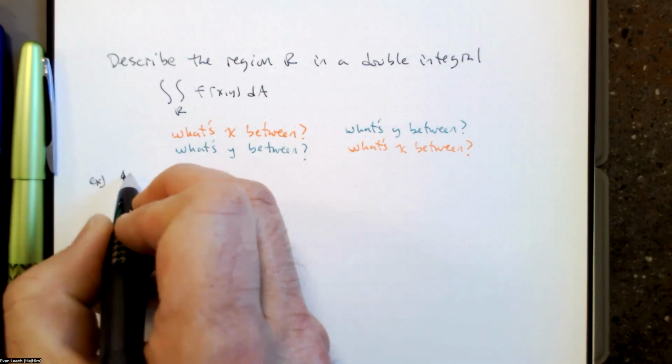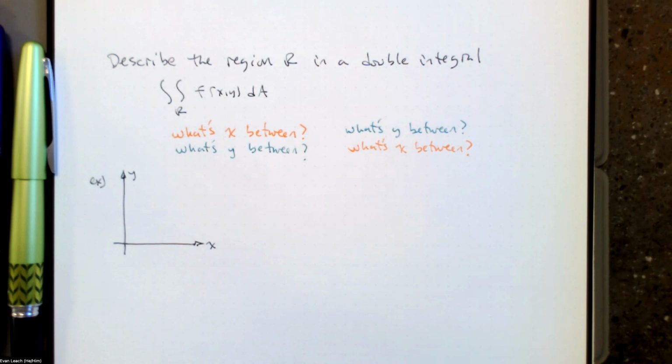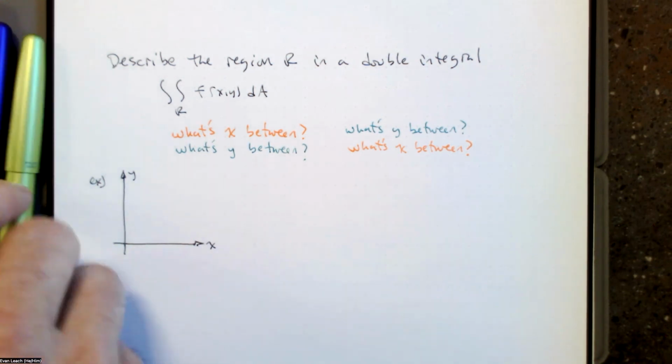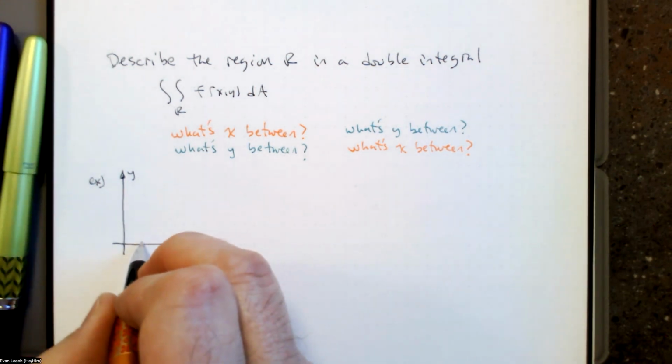So let's take a top-down view. There's going to be some surface. We're looking through the top of the surface, and we just want to divide up a region. And let's say that the region is a rectangle.